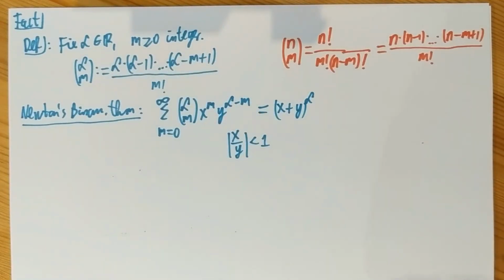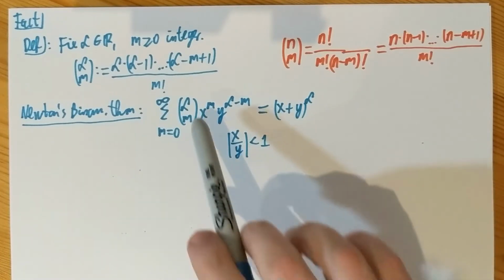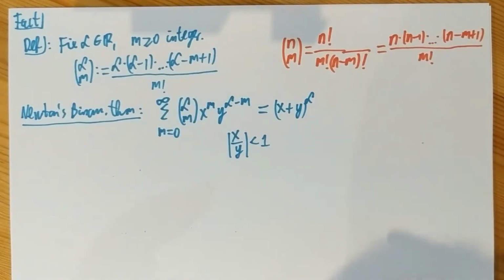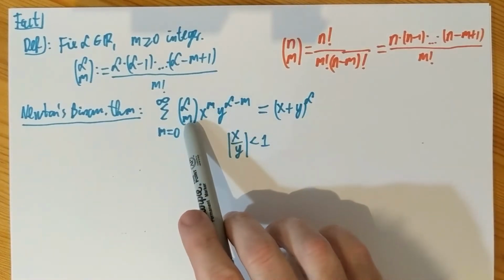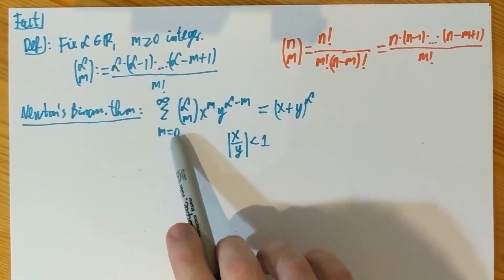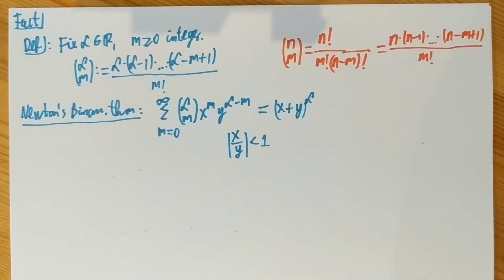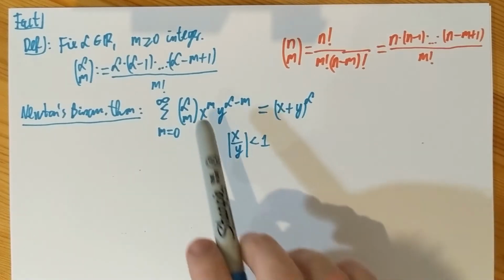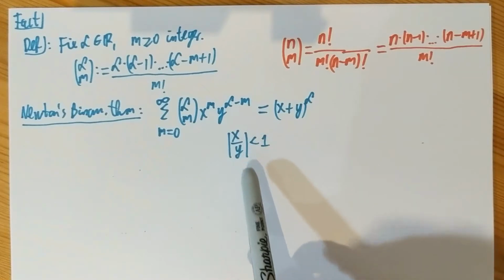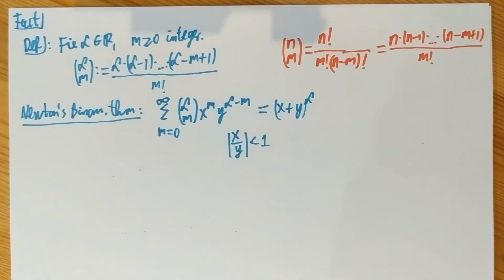However, if alpha is not an integer, then this is not the case, and alpha choose m will stay positive or possibly negative for higher m's, and therefore I need to look at an infinite sum here. Other than that, Newton's binomial theorem works as it works for the classical case. But of course I have to be careful with convergence issues, and that's why I'm assuming that the absolute value of x over y is less than 1.